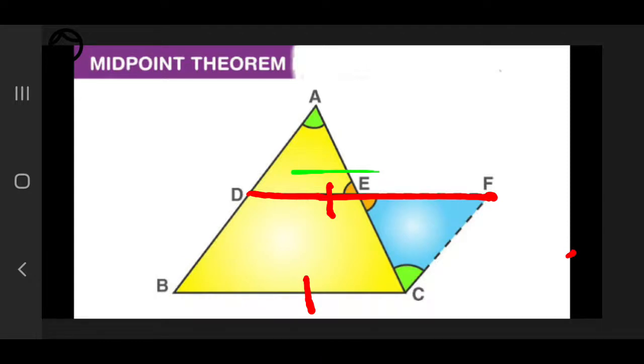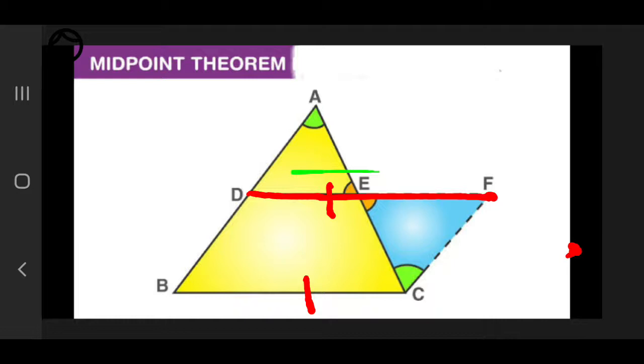To prove that, we have to prove that AE equals EC. Here also we have to prove these two triangles EFC and AED are congruent. Yes, the proof is, first we will prove AED congruent to EFC.